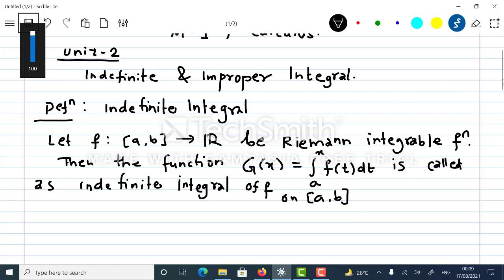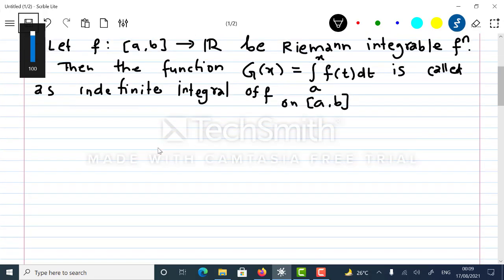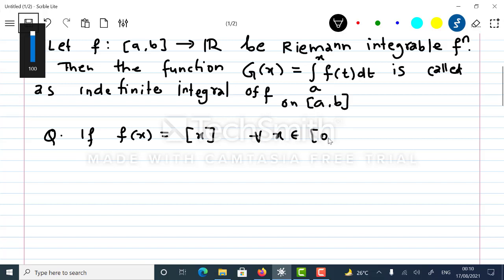So let us have some example based on this indefinite integral. The question: if f of x is equal to box x for all x belongs to closed interval 0 comma 2, find indefinite integral of f.